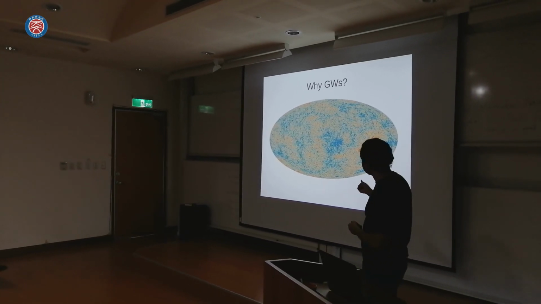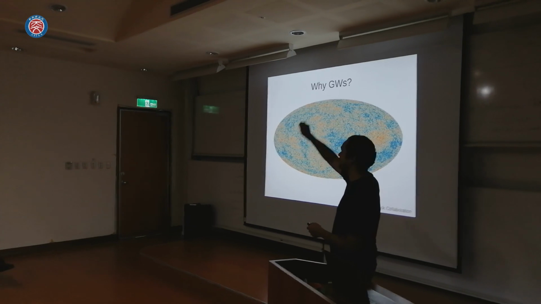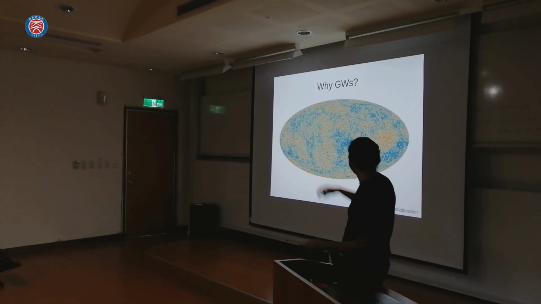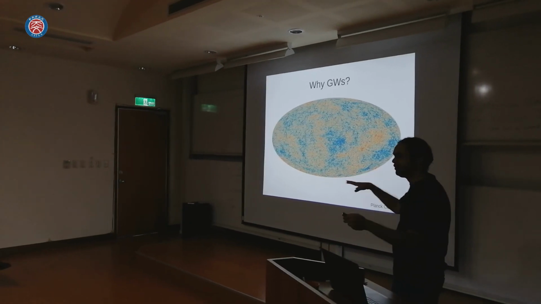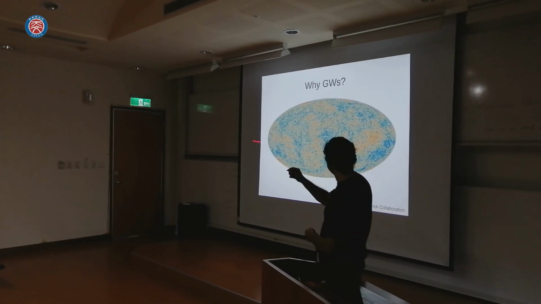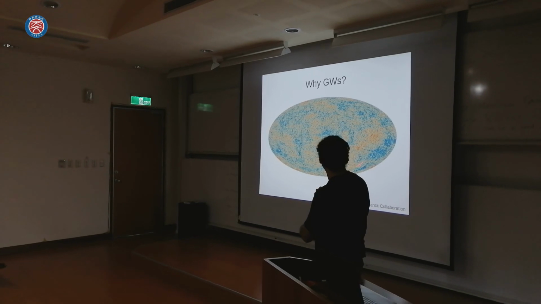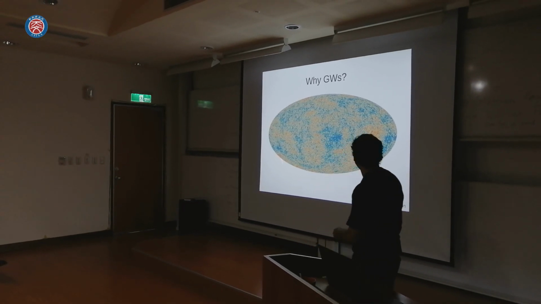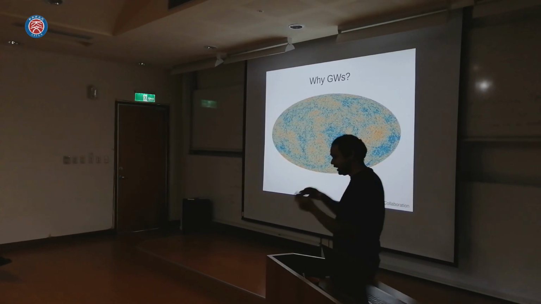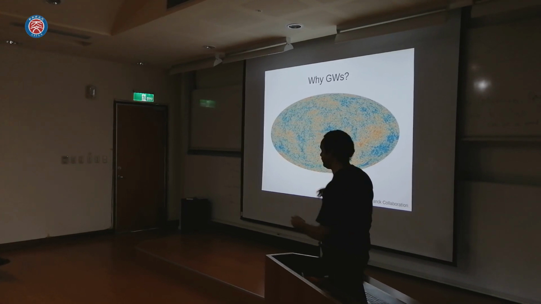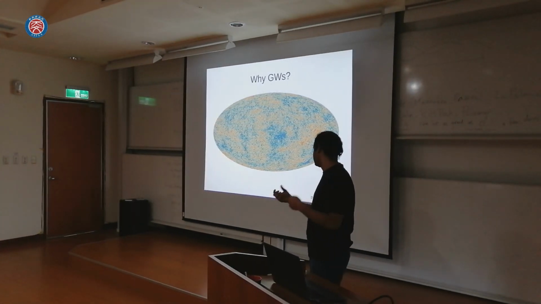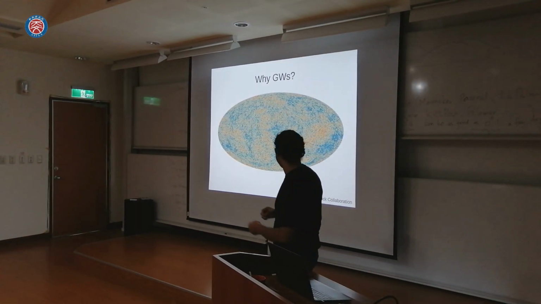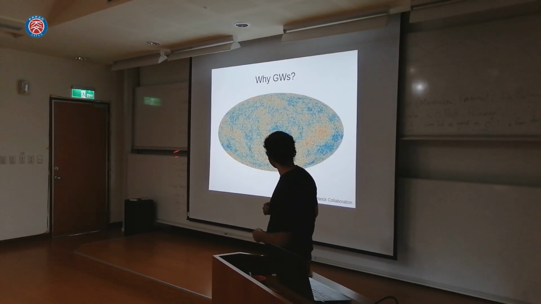The way we measure this is we measure the CMB temperature at different points in the sky, and for each point we subtract the mean value over the whole sky. These temperature differences are plotted here, and the blue points are slightly colder than the average CMB temperature over the whole sky, and the red points denote points which are slightly hotter than the average temperature of the sky.